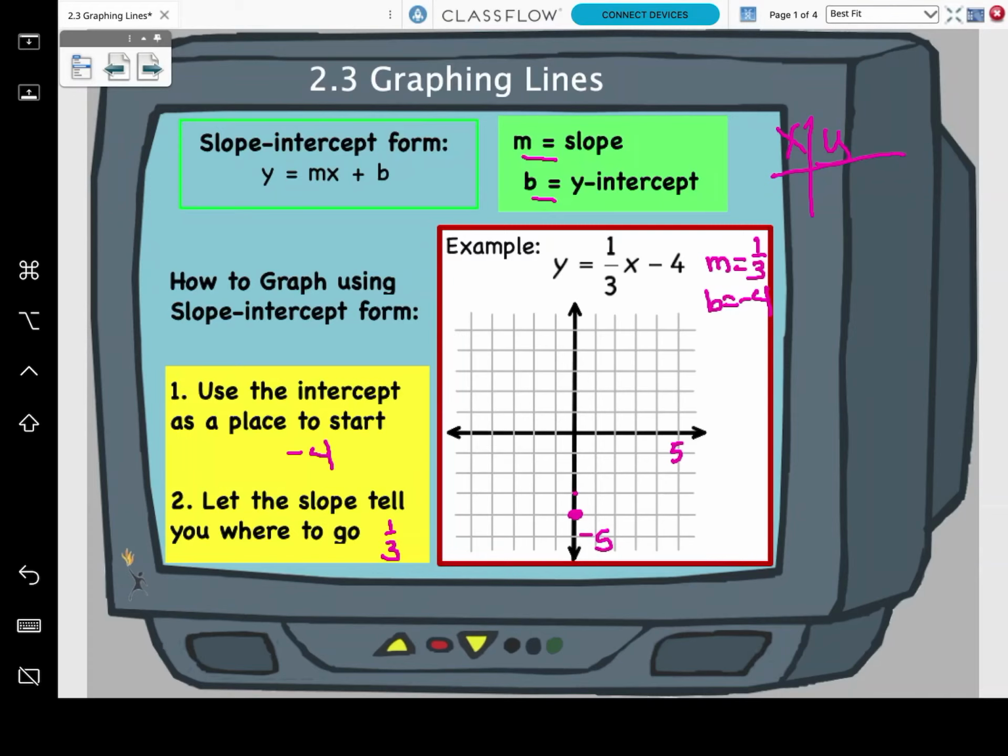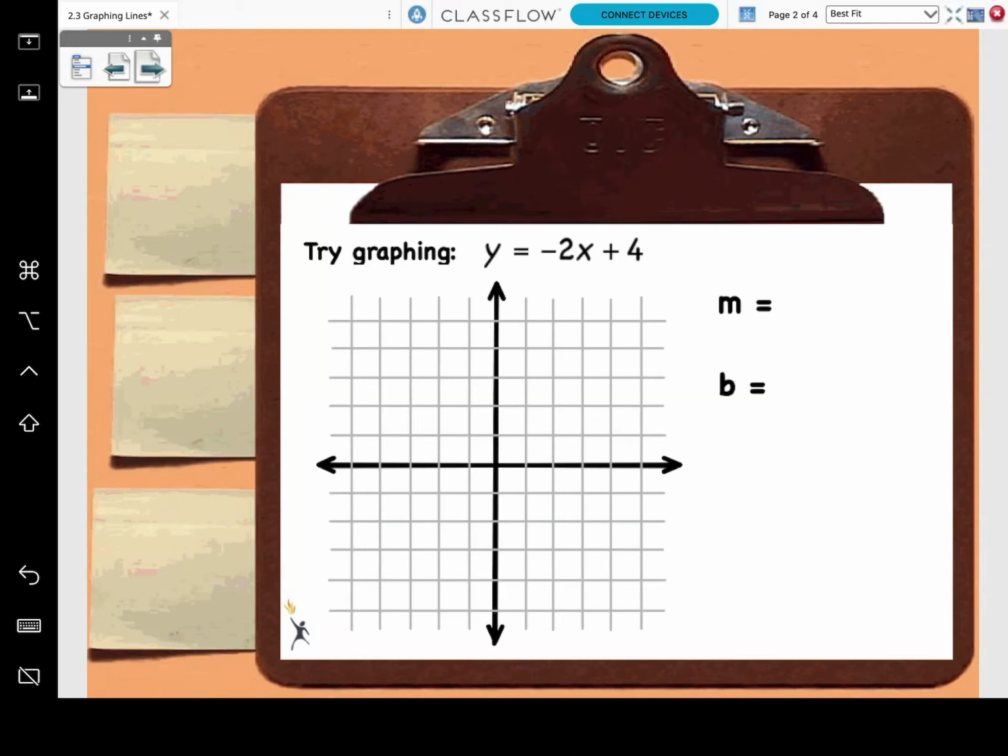So I'm going to go up 1 and write 1, 2, 3 and sketch that line in there as straight as I possibly can. Okay, and I get the line. Could we still make an xy table? Sure. Would it take a little bit longer? Yes. Graphing in slope-intercept form makes life a little bit easier, so I urge you to use that.